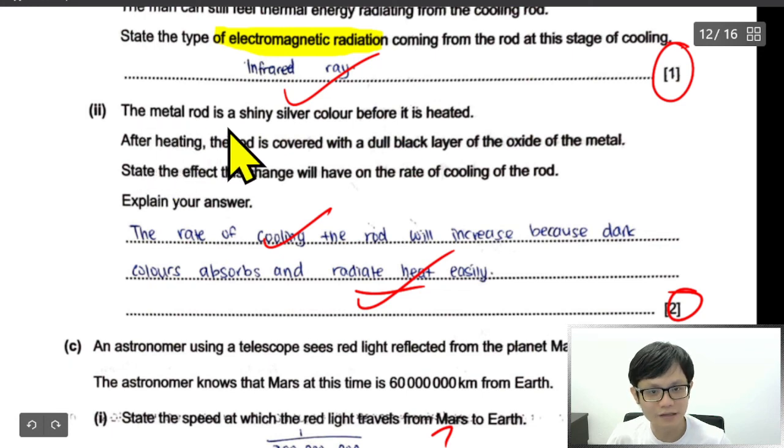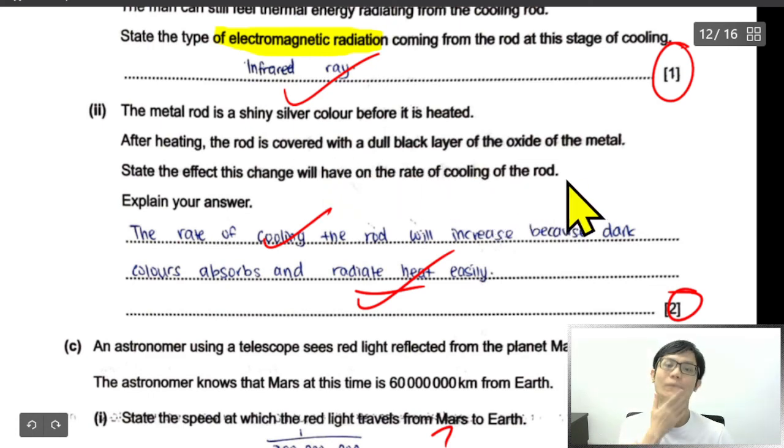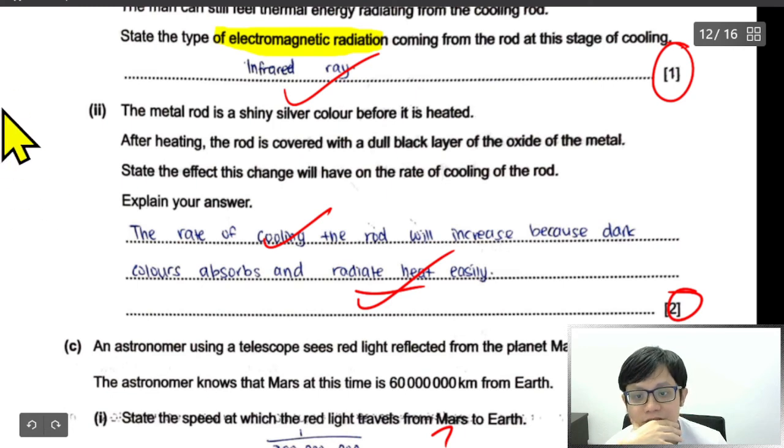The metal rod is a shiny silver color before it's heated. After heating, the rod is covered with black oxide. Yeah, or probably the metal mixed with oxygen, correct or not? So state the effect of the change on the rate of cooling. So the rod becomes black.